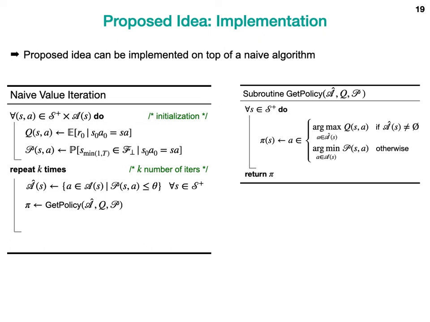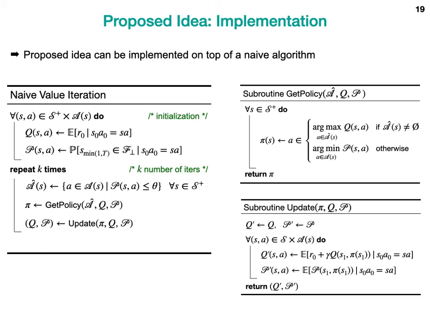The subroutine constructs the policy in the same way as the policy iteration operator. Then by using the obtained policy, naive value iteration updates P and Q arrays where the update rules are derived from the Bellman equations. And then it returns the P and Q arrays as estimates of the Q function and the probabilistic reachability with respect to the policy pi.